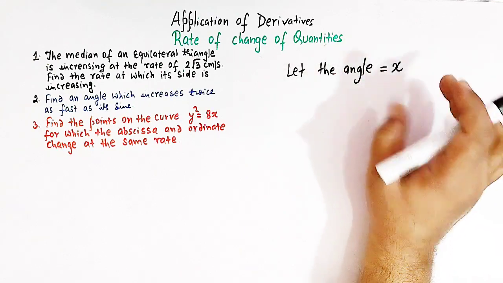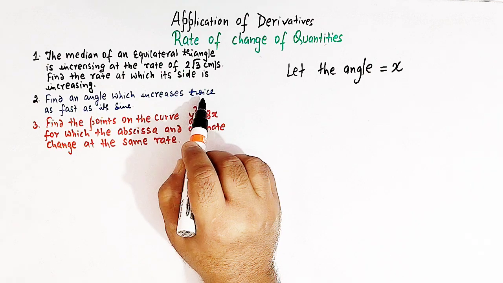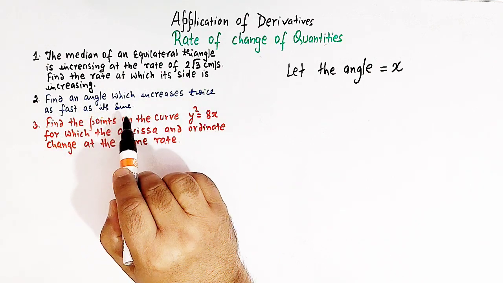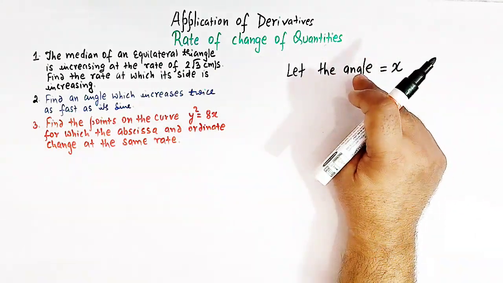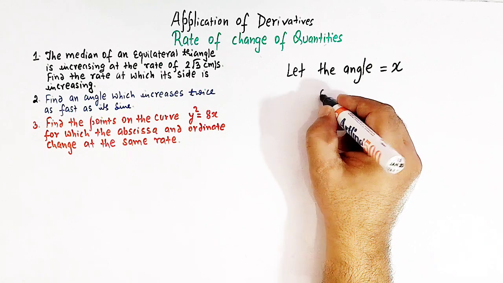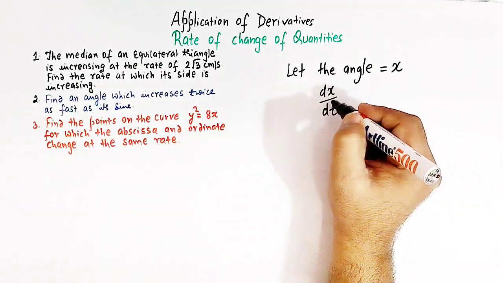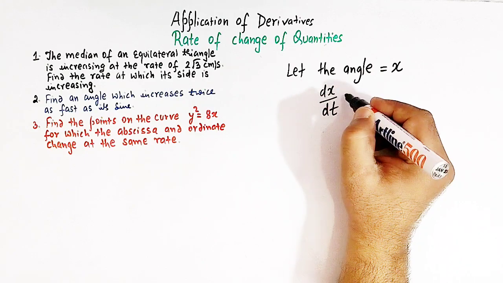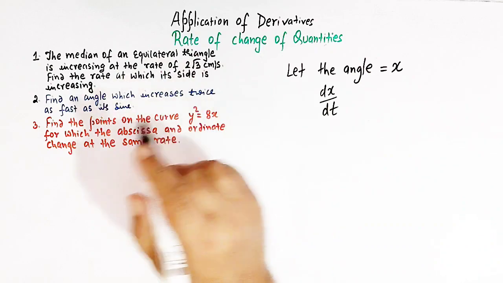So we have to find an angle which increases twice as fast as its sine, right? So the rate of change of the angle with respect to time is given by dx over dt, right? So dx over dt is the rate of change of the angle with respect to time, right?